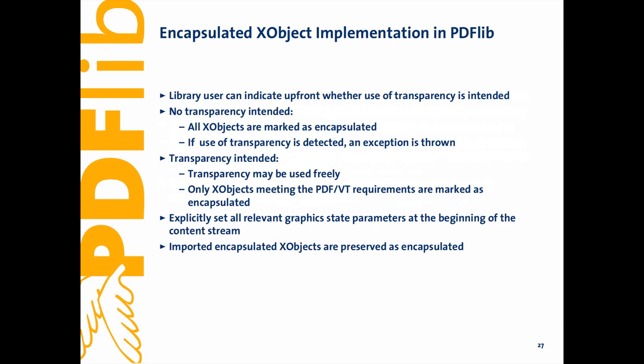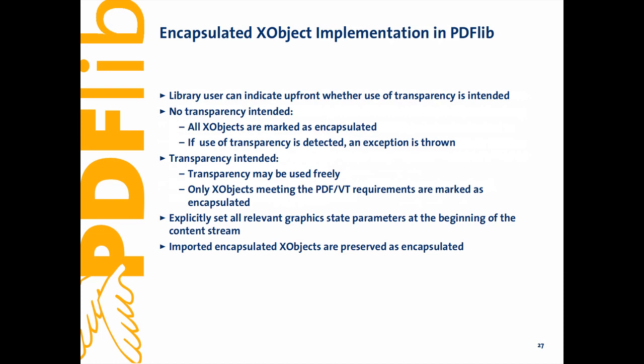And this was one of the most difficult parts of the PDF/VT standard: first of all, to understand the definition in the standard of what an encapsulated XObject means, and what that means for exposing this feature to the user of the library.